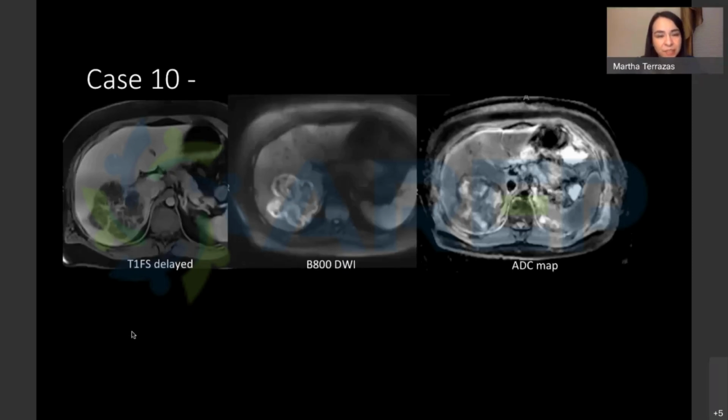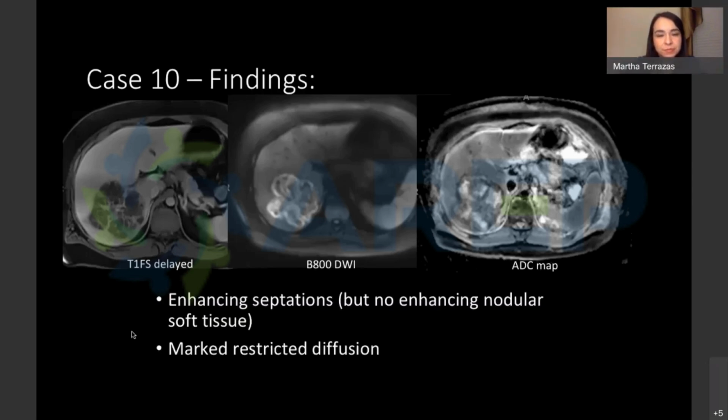We come to our delayed phase sequence, and then we have our DWI. So those septations are enhancing, but there's not an enhancing mass. It's just the septations that are enhancing. And on our diffusion-weighted imaging, we have marked restricted diffusion along the periphery and within those septations. No enhancing nodular soft tissue.